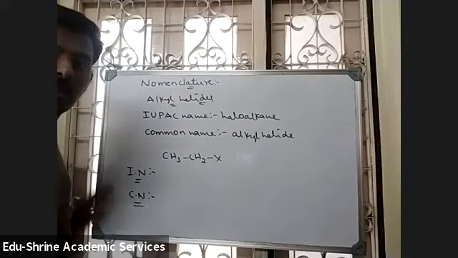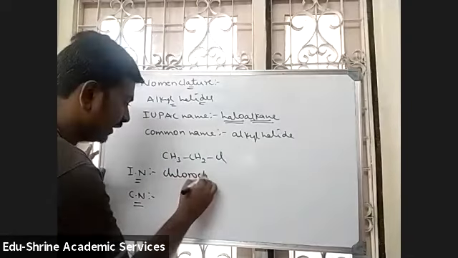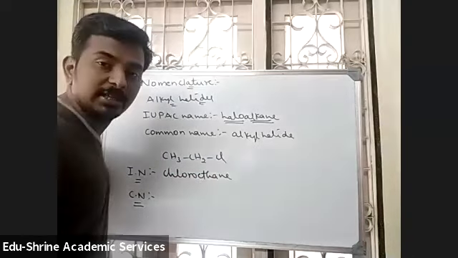Tell me now. So the halogen is chlorine and this is ethane. So this is a derivative of ethane. From ethane, if I replace one hydrogen with chlorine, we will get this compound. So it is chloroethane. So the IUPAC name of this compound is chloroethane.